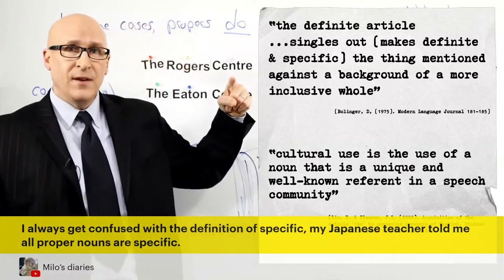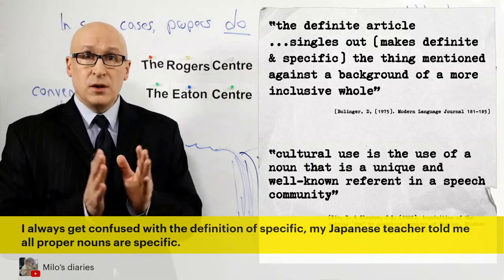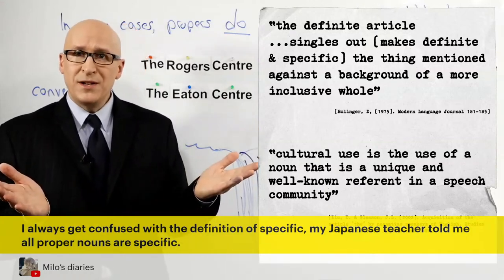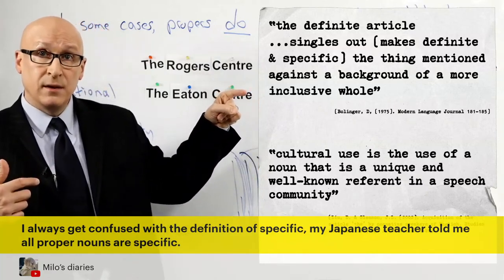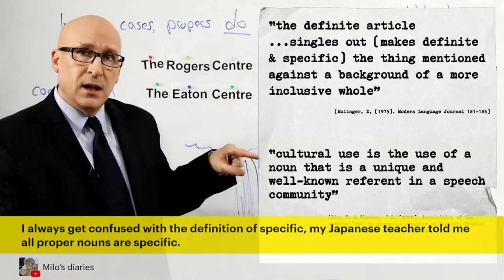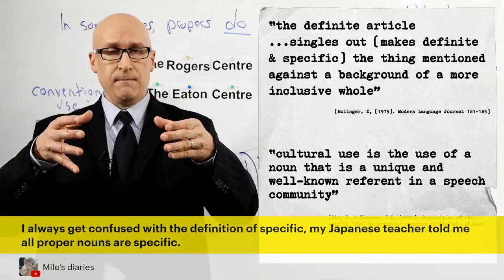So if I said to another person from another country, oh, do you want to see the falls? They might not understand what I'm pointing to because they don't share the same background as I do, right? And so that's the other part of the idea. A noun is a unique and well-known referent in a speech community.